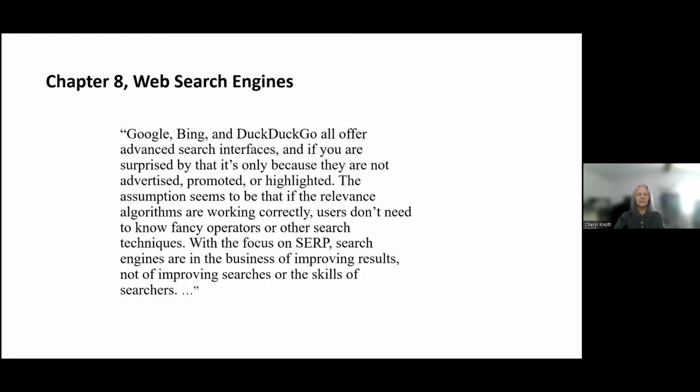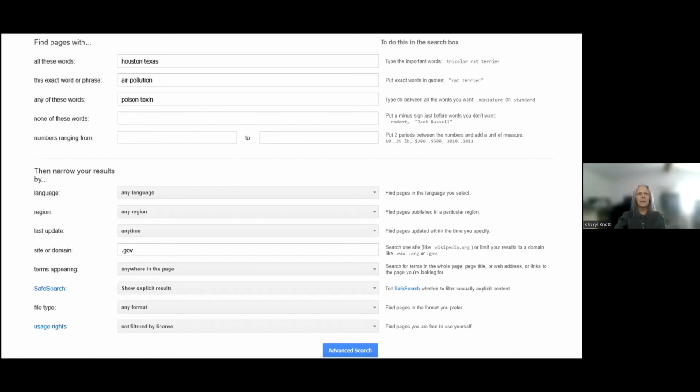But in general, I want students to see that there's an advanced search function that can be extremely useful, and you don't necessarily have to always come back to this advanced search interface. Once you know it exists, you can learn the shortcuts to use in a single search box.